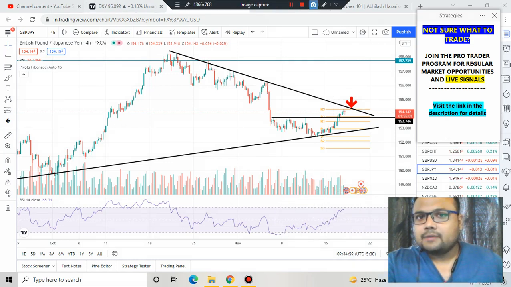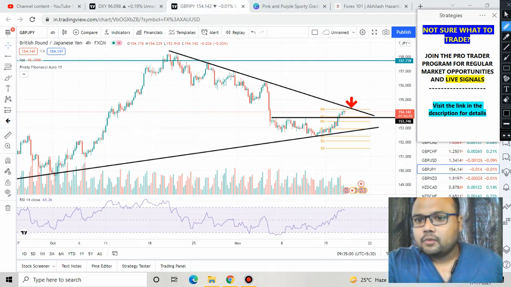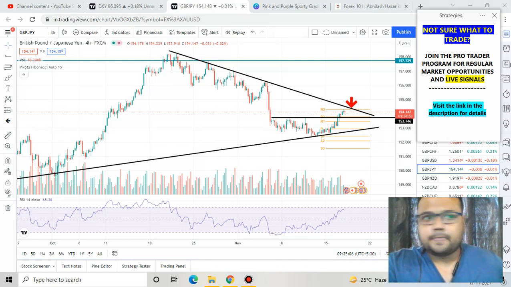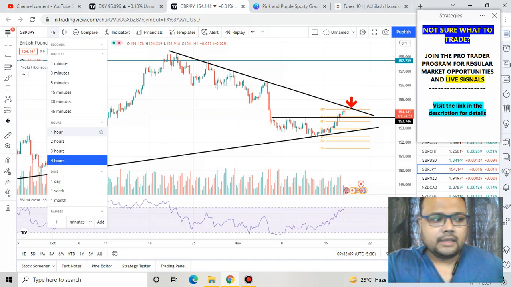And if the market comes down to the level of 153.70, let me show you on the 1 hour chart. It will be easier for you to understand.